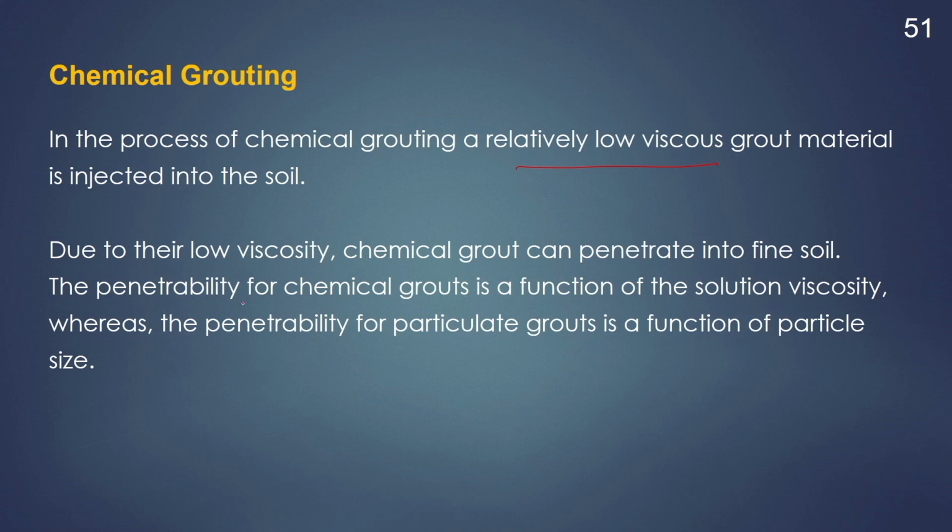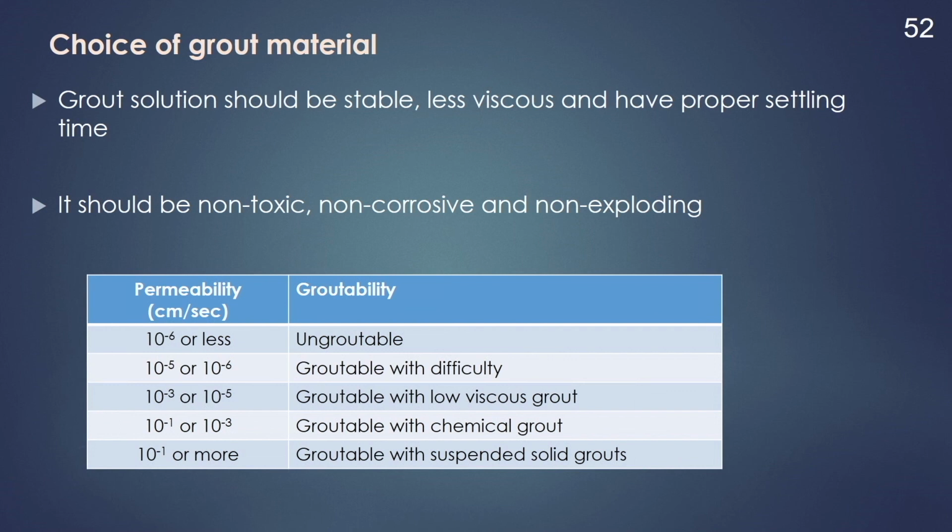The penetrability of chemical grouting is a function of the solution viscosity, whereas the penetrability of particulate grout is a function of the particle size. Chemical grouting can be used for any fine-grained soil, and in this case we do not need any pressure for injecting the grout material.